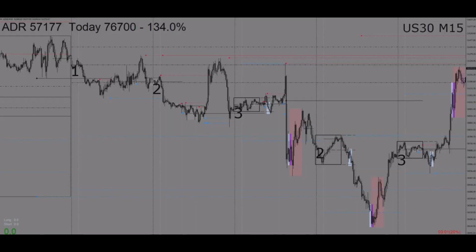All right, so we're on the US 30 and we're on Monday, right? This is Monday, this is Tuesday. You see this high right here? Let me get my trusty arrow and turn that on just to show you. That right there is the high of last week. And this is the weekly PSR. This black line right there is the middle of the weekly PSR. We're just waiting for price to do some type of accumulation and trap.